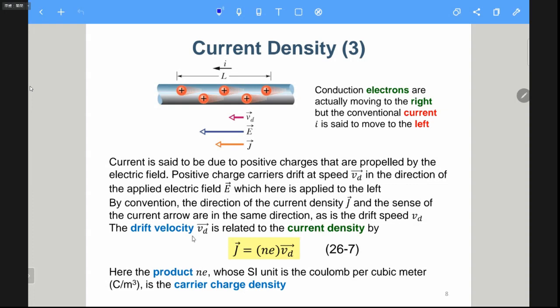So the product Ne, whose SI unit is the coulomb per cubic meter, because N is the volume density of the charge, times the elementary charge, will be the charge volume density. C over meter cube is the carrier charge density. So this is a constant for a specific material. For different materials, this constant will be different.